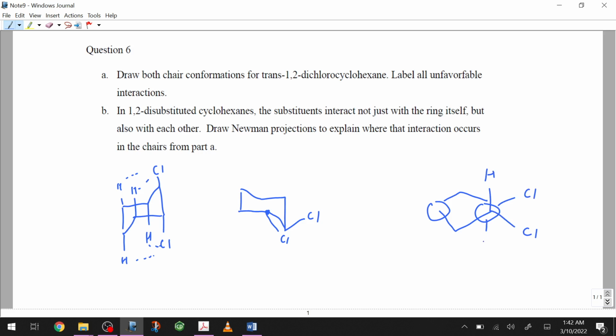The rear one has the other equatorial chlorine. And everything else around my Newman projection is a hydrogen. Well, this is a gauche-butane interaction. And that's the problem: by getting away from the diaxial interactions where they're interacting with the ring, I've actually forced them into a conformation where they're interacting with each other.